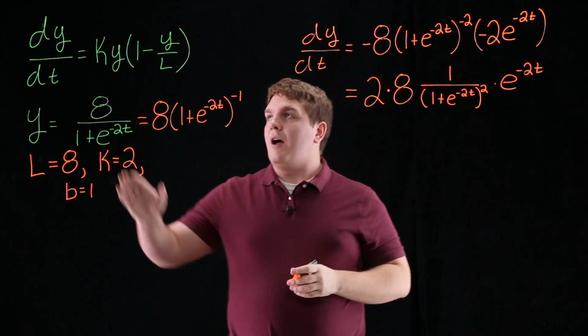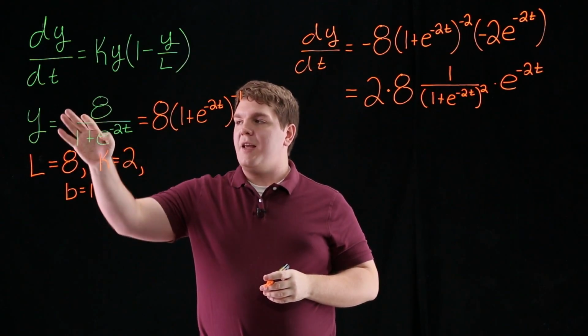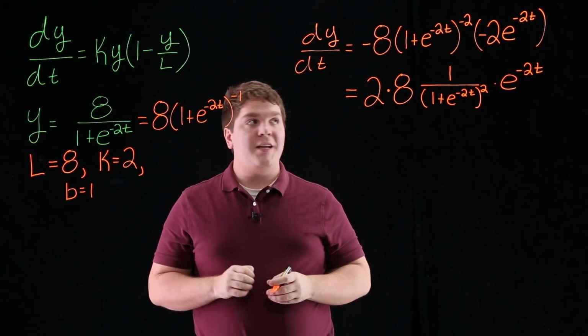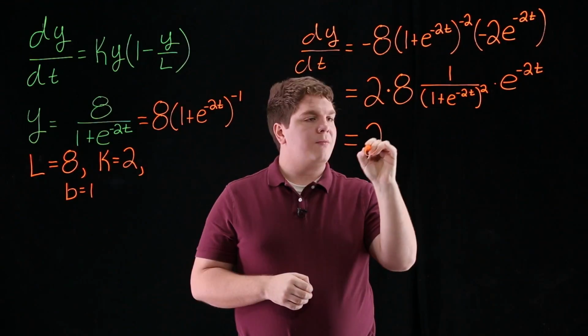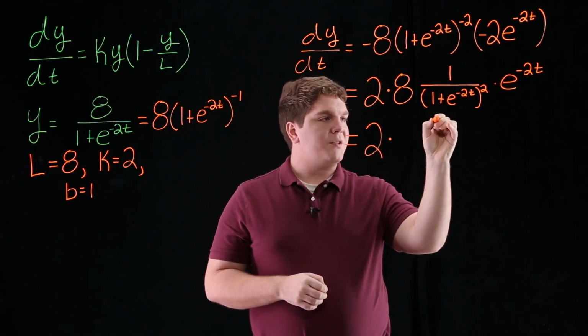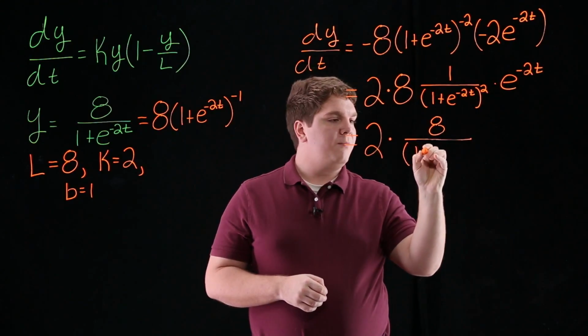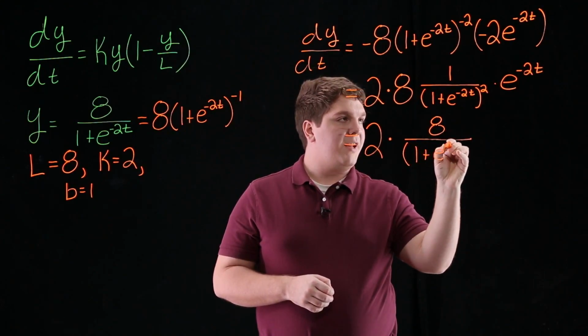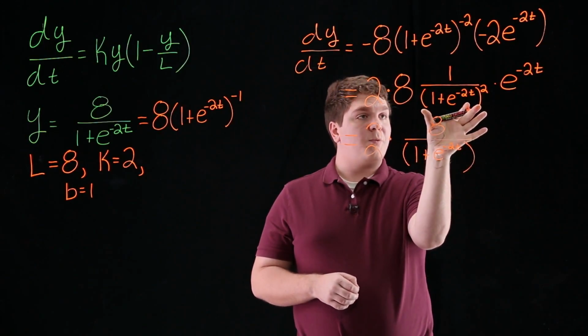So now, I want to write this as k times y, and I'll note that y is 8 divided by 1 plus e to the negative 2t. So I can rewrite this as 2 times 8 divided by 1 plus e to the negative 2t. So notice here, this is squared.